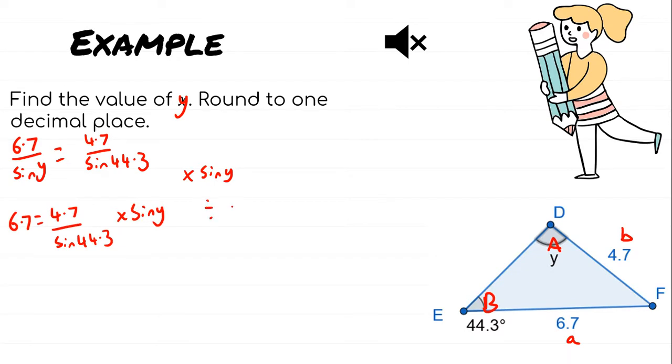And now if we divide both sides by the fraction that we have, you're going to get 6.7 divided by 4.7 over sine 44.3, and that's going to be equal to sine y. Again, we can just type this into our calculator.